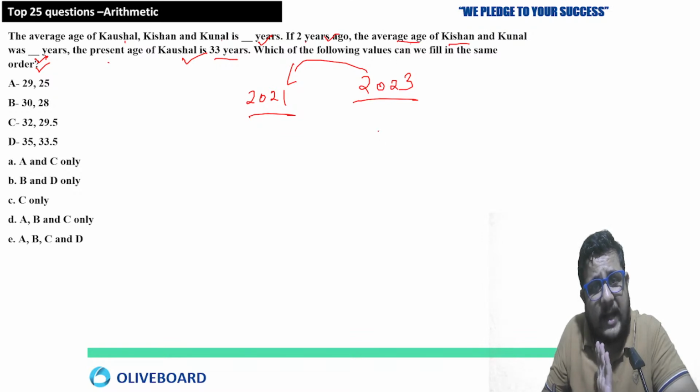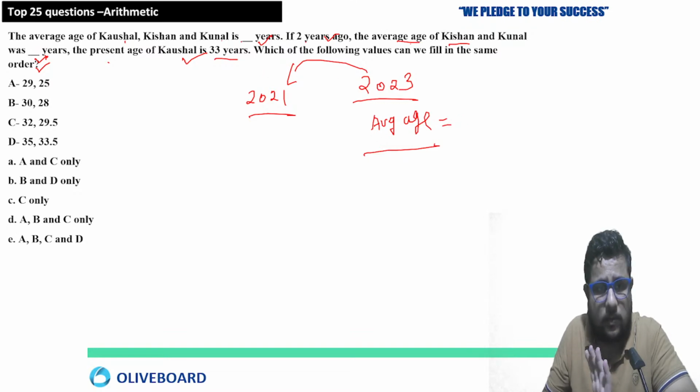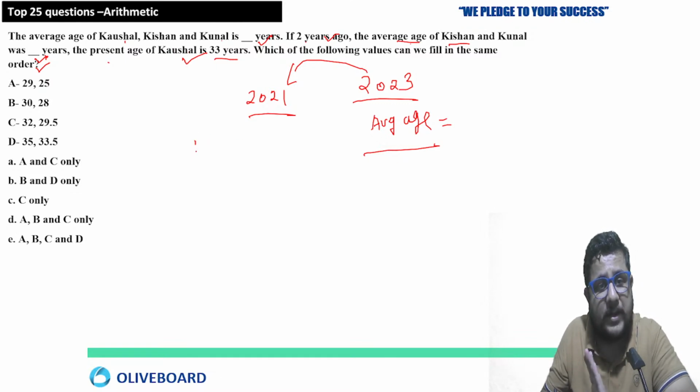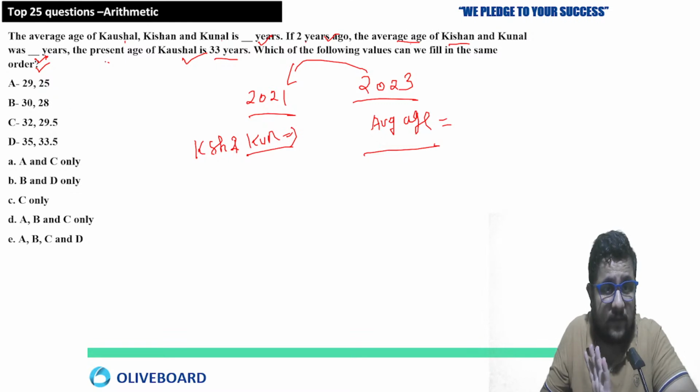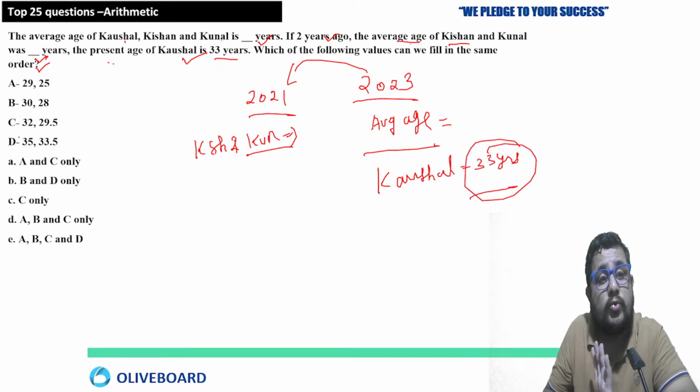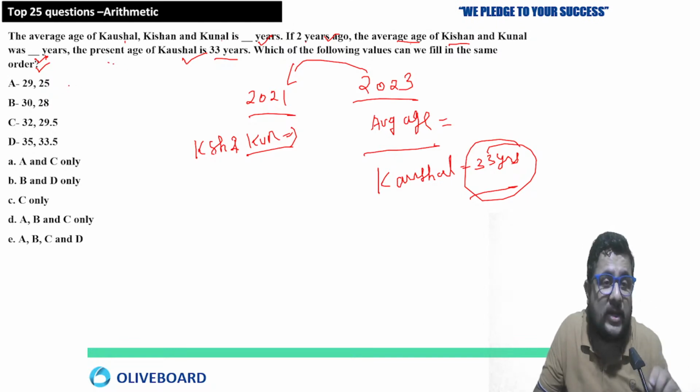The average age at present for Kunal, Kishan and Kaushal, we don't know what it is. 2 years ago they are talking about only Kishan and Kunal. Their average age is not given, but the present age of Kaushal is given here, and that is 33 years.